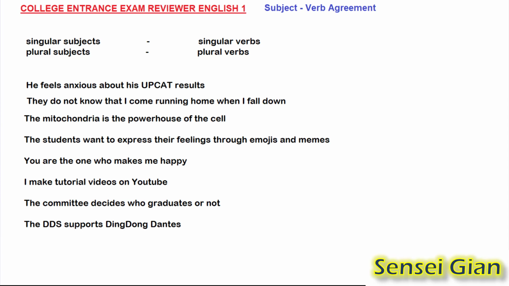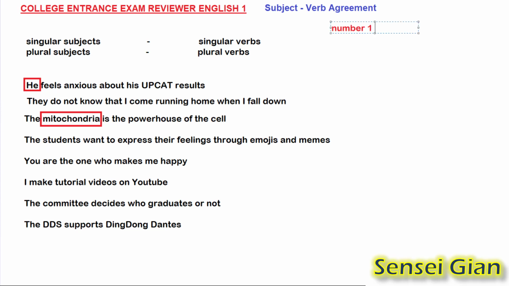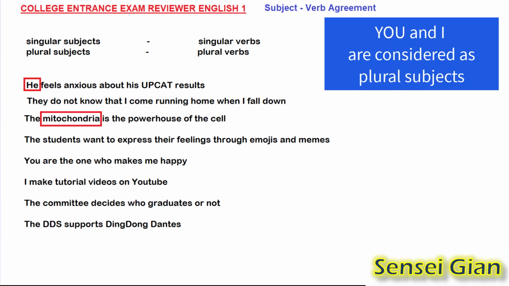So what are the singular subjects here? He, the mitochondria, it's just one. How about you? You actually is an exemption. Remember that the number one rule here, the one you should always remember, is that you and I are plural subjects.